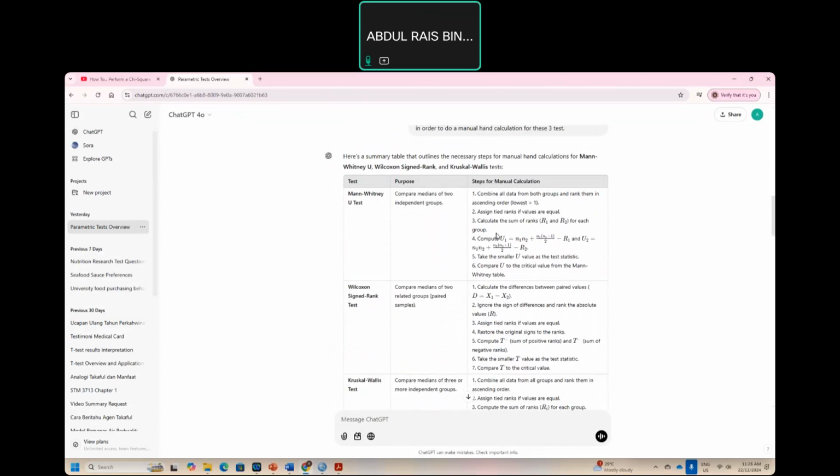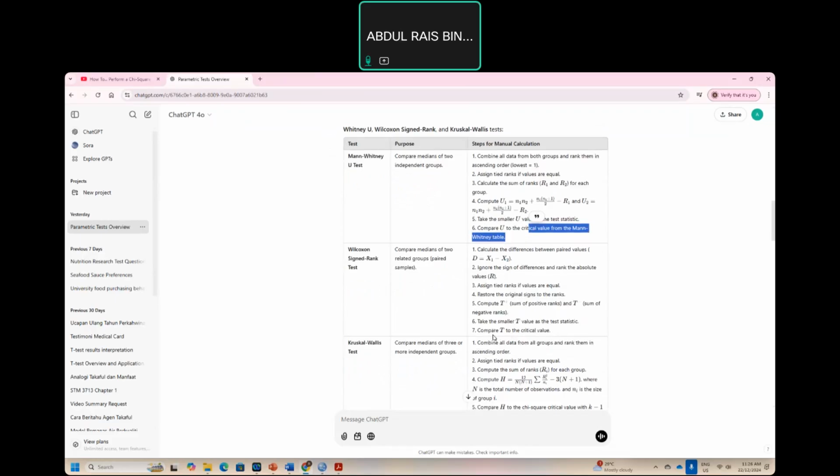For Mann-Whitney, you need to compare the sum of ranks of the first and second group and choose the one that has the lowest sum rank, and then compare it to the critical value from the Mann-Whitney U table, right? Sama juga untuk Wilcoxon test.